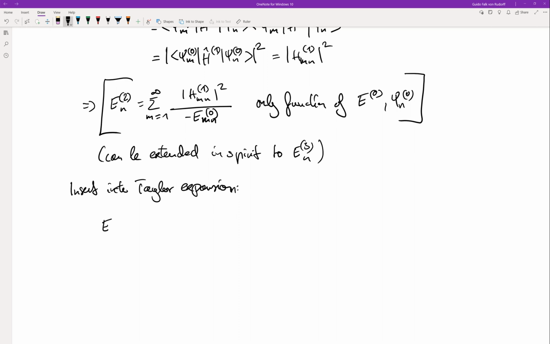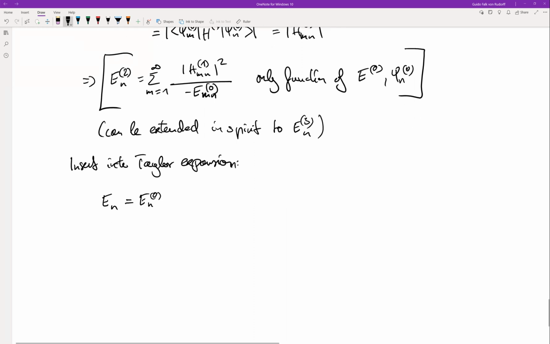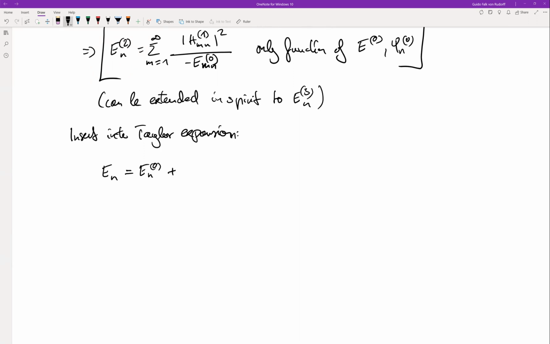And so we have that the energy to nth order was the energy of the unperturbed system plus the first order contribution of this Hamiltonian, plus now the 1/2 comes from the fact that this is the prefactor in the Taylor series.